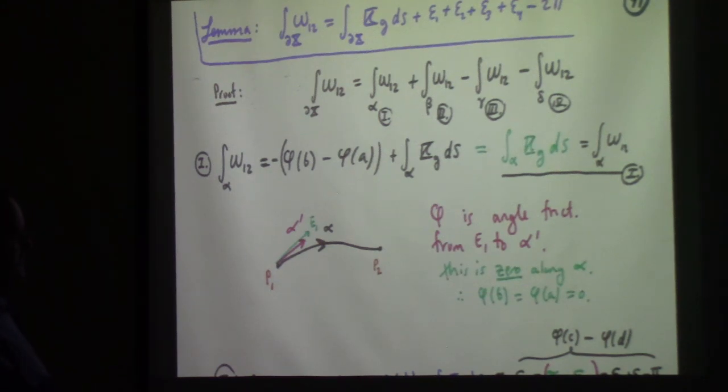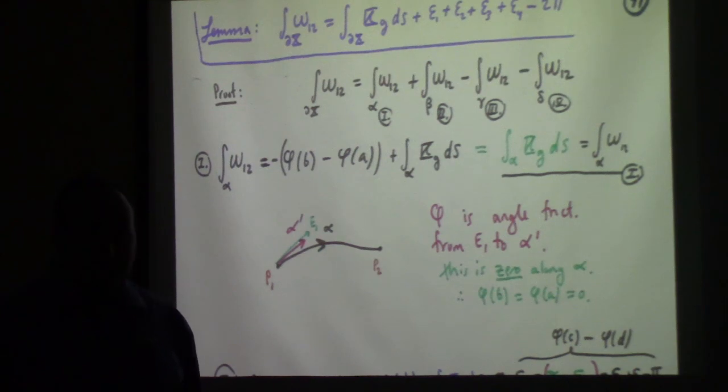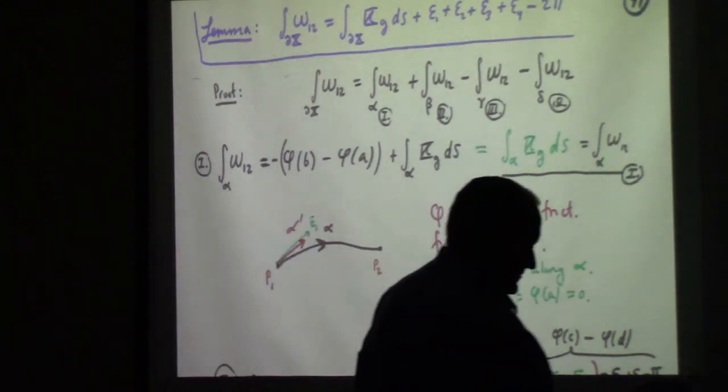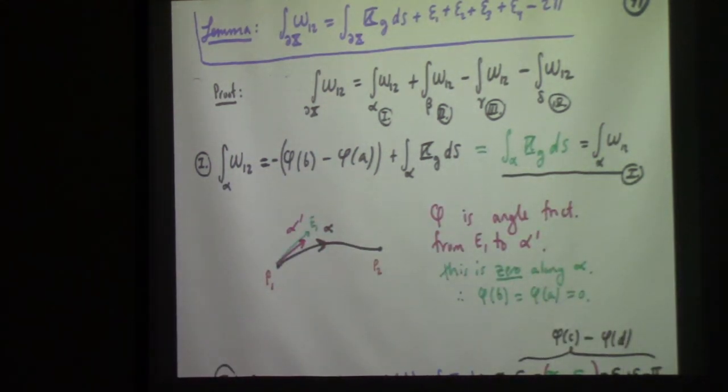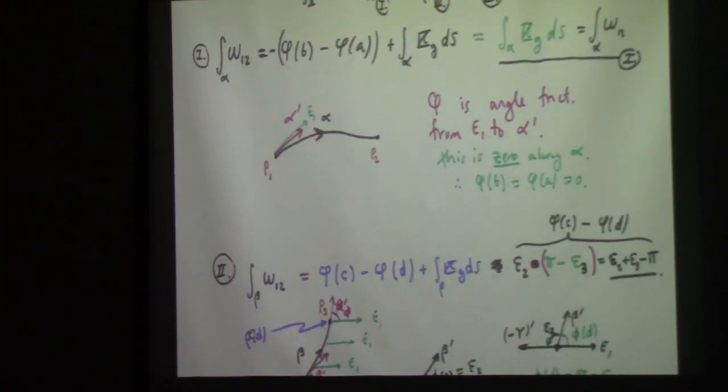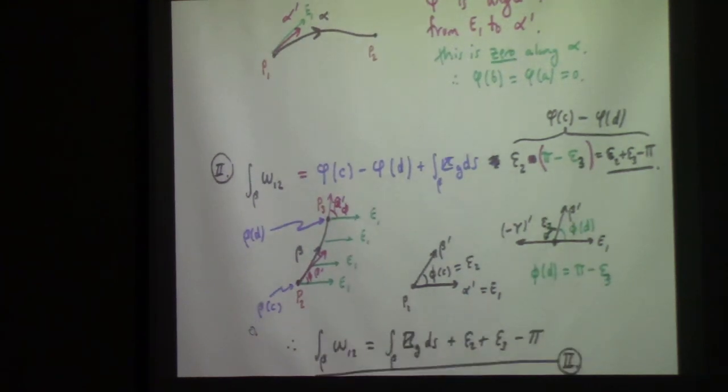Phi is the angle function from E1 to alpha prime. Yeah. But we're working with E1 being partial U, right? So the angle of inclination from XU to XU is 0. All right, so we have to keep track of what we said at the start of this whole thing, you know? That will presumably not be quite the same for the next piece, right?